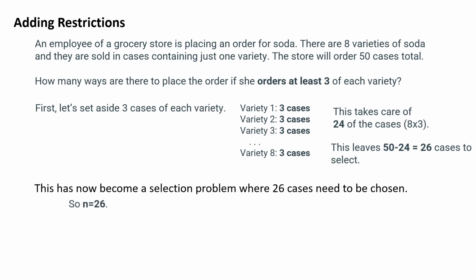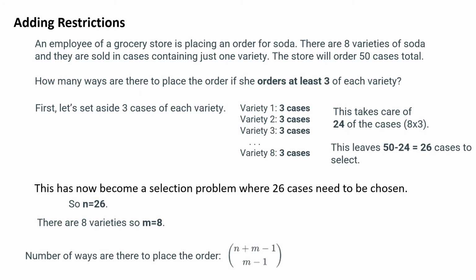So now the selection has become 26 cases need to be chosen, and again we have 8 varieties. So N is 26, M is 8, and so we can use that formula: N plus M minus 1, choose M minus 1. Or again, think about it as the code word would need to be the 26 zeros plus the 8 minus 1, 7 ones.